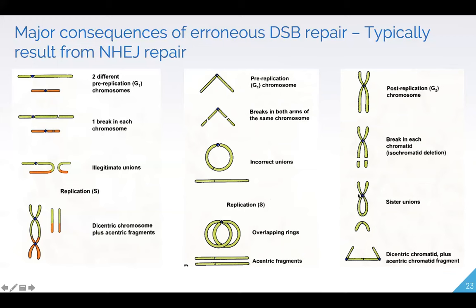Of course, this also causes a problem because they're not able to segregate normally during mitosis, and that will result in the formation of both of these structures, a dicentric chromosome as well as acentric chromatin fragments, this guy right here. So many different aberrant joinings will happen. And all of these result from non-homologous end joining if the program is not able to correctly ligate the correct ends together. Of course, with multiple double-strand breaks happening at the same time, this is highly unlikely. And that's why double-strand breaks are very lethal.